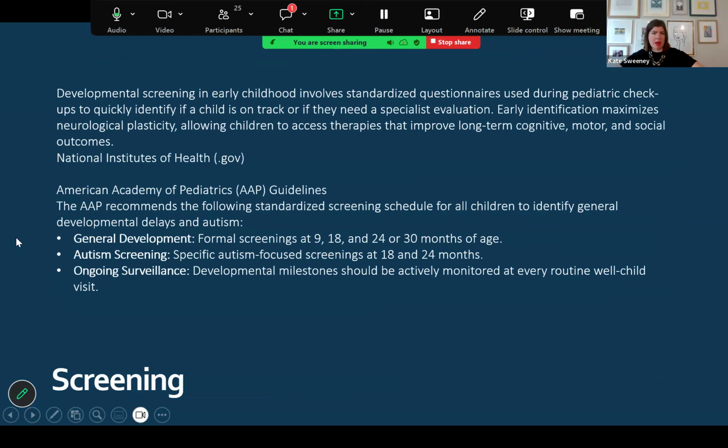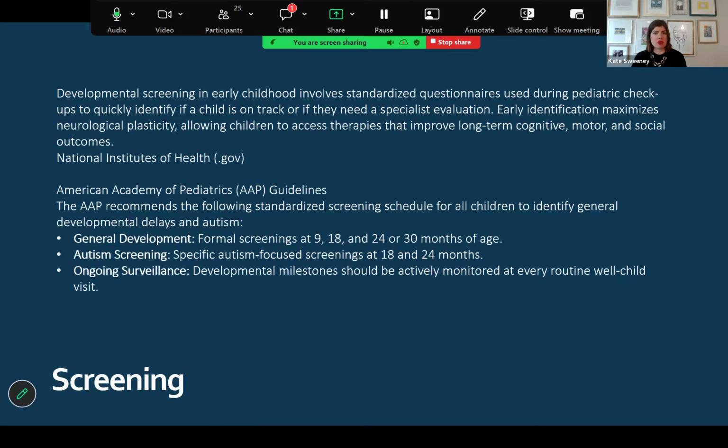A little bit now, taking it back to the early years around screening for development, and just wanting to make sure that you all have the awareness of some general screening tools, regardless of what your role is with families. And all this is pulled from both the NIH and the American Academy of Pediatrics.